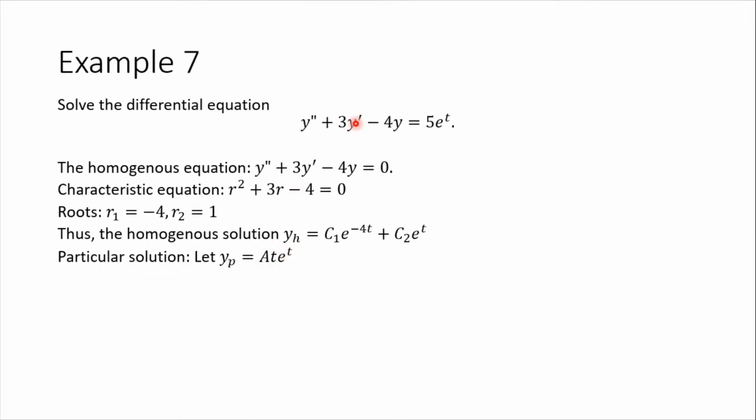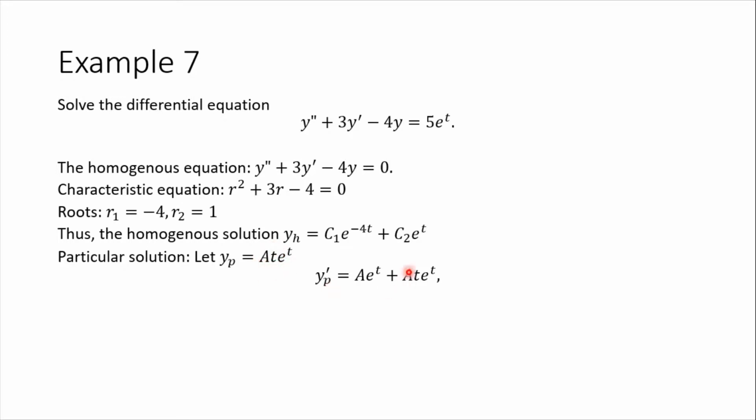We multiply it by t. Okay, multiply by t. And again, the same, we have to find y-accent and y-double accent. What about the y-accent? Remember, this is a multiplication of t and e to the power of t. So to find the derivative, you have to use the multiplication rule. So a e to the power of t, right? The t is gone.